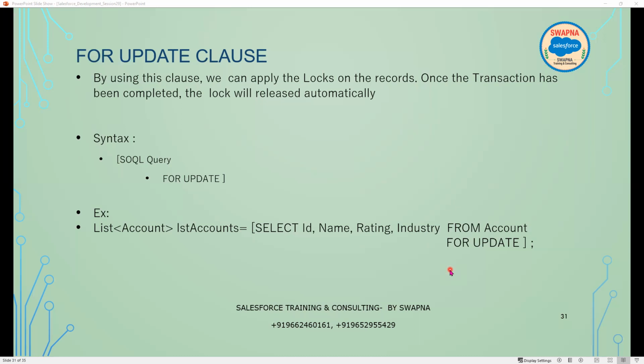So in real time, mostly we will use it for asynchronous processing. Whenever there is backend logic being executed and at the same time the user is trying to perform something on the object level, in that case, we do not want the user to update the record until the backend process is completed.